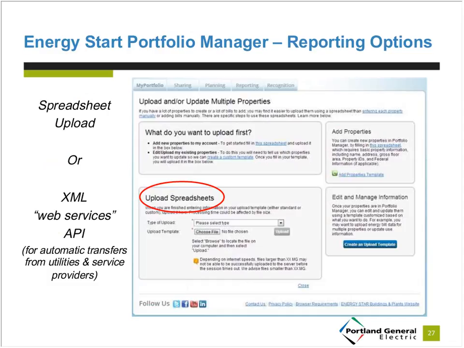And there's also the ability to do automatic transfers, and this is primarily for utilities or other service providers who you've contracted with. I can tell you now that PGE at this point does not have the automatic transfer capability in place, but it is something that we are working on, and in the very near future that should be available to all of our customers.